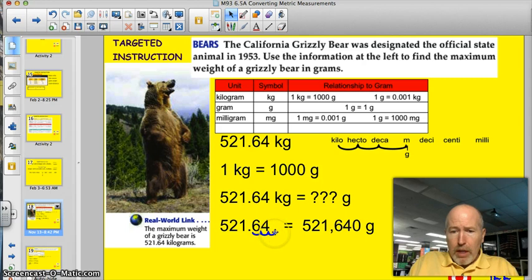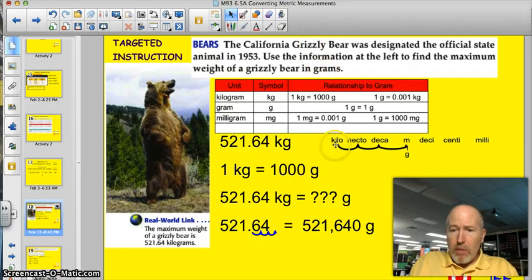1, 2, 3, put that in, and then I do have to add a 0 as a placeholder, and I found out that 521.64 kilograms is actually 521,640 grams. All right, one more time. I'm going from kilograms, which was the measurement I was given, to grams, which is one of our base units.